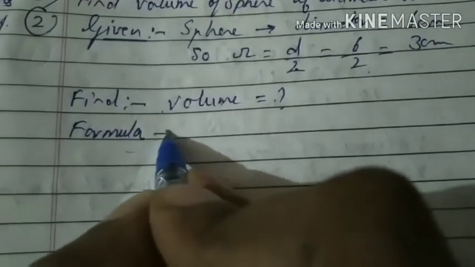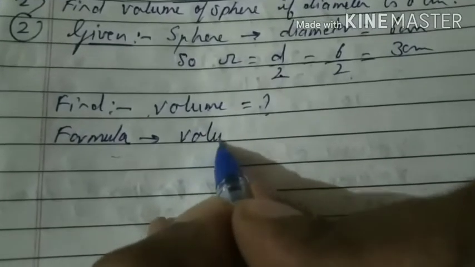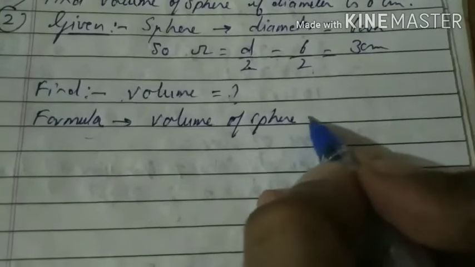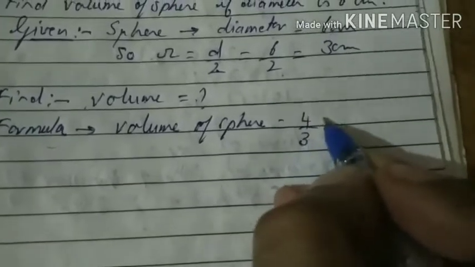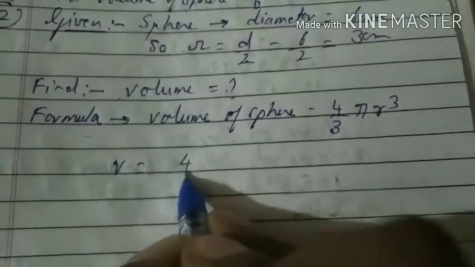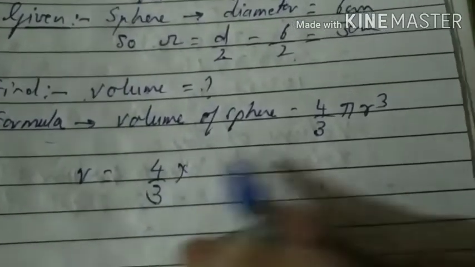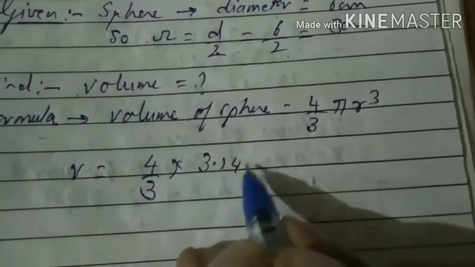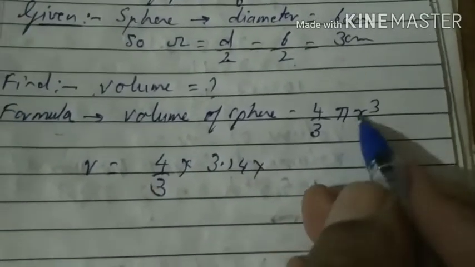Formula, that is volume of sphere will be 4 by 3 pi r cube. So volume will be 4 by 3 is the constant value, multiply by pi. Now here you take 3.14 multiply by r, radius is we got 3.